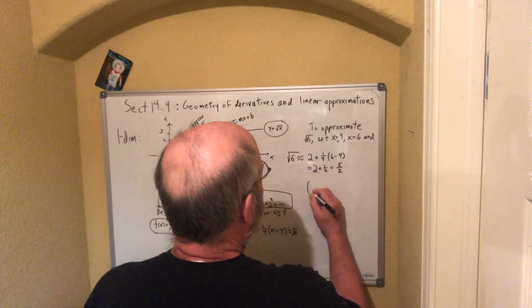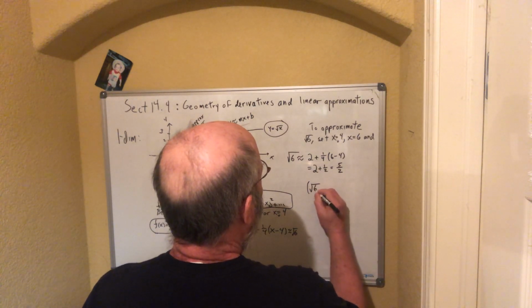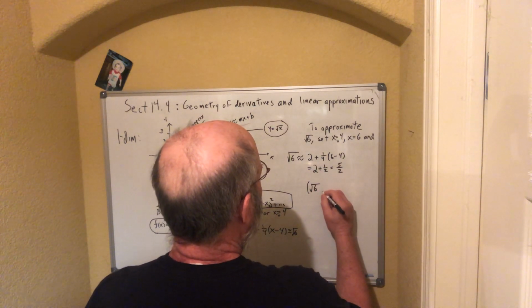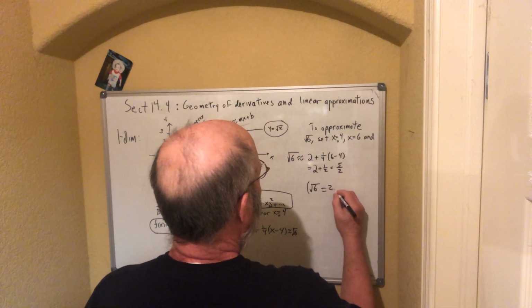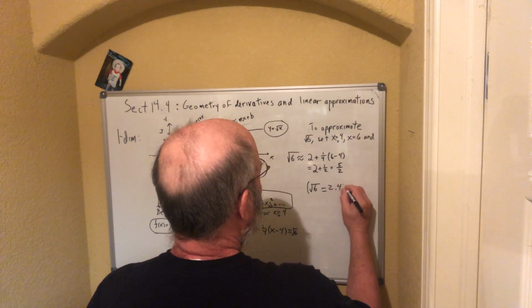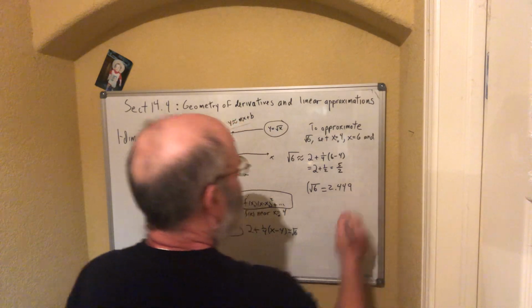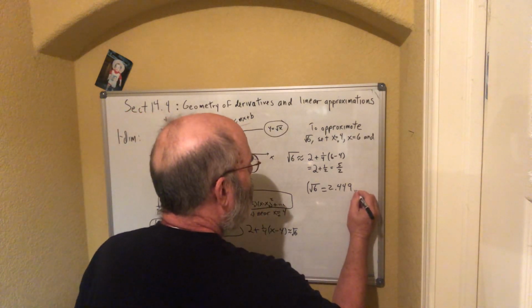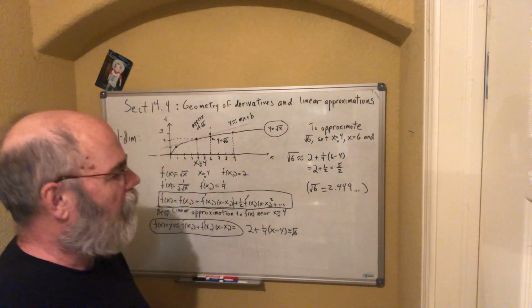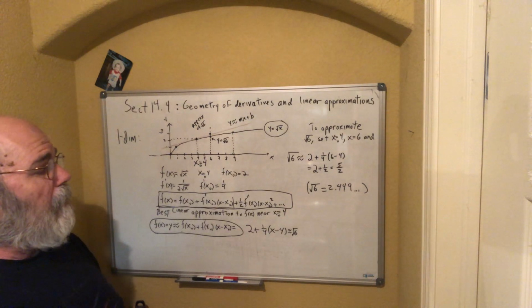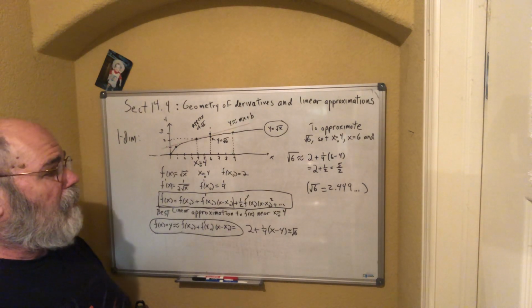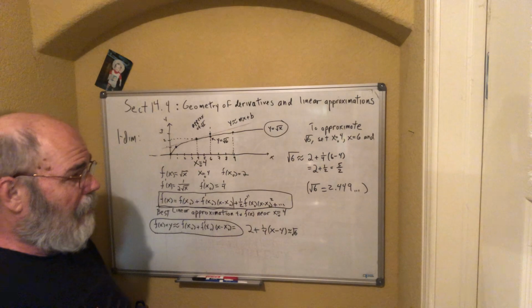And if you look, just by way of comparison, ask your calculator, and you will find that the square root of 6 is actually 2.449.